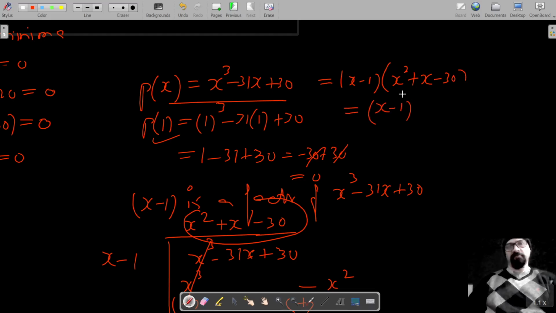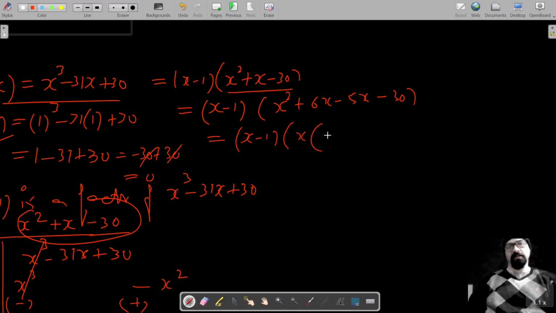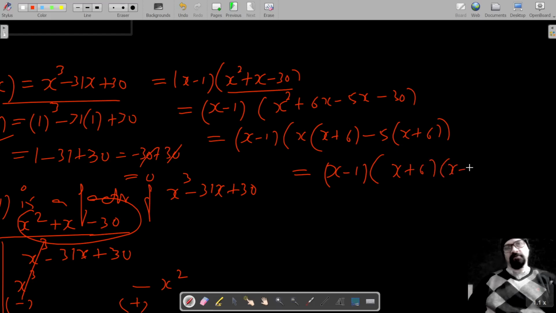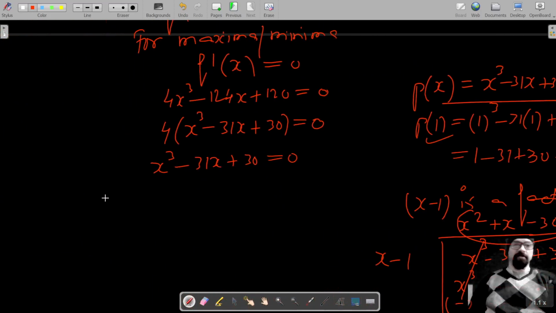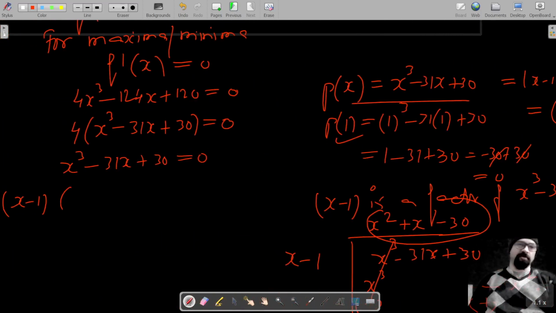Now we can factorize x squared plus x minus 30. It can be written as x squared plus 6x minus 5x minus 30, which is equal to x plus 6 into x minus 5. So now this can be written as x minus 1, x plus 6 and x minus 5.